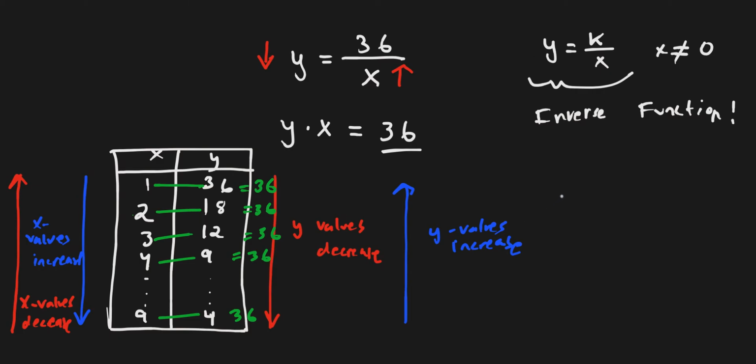So y equals k over x. Some applications of this kind of function: say, for example, you are filling up a pool. So this is a pool, and you're filling it up with water with some hose here. And as you fill the pool with water, the water level is going to increase.